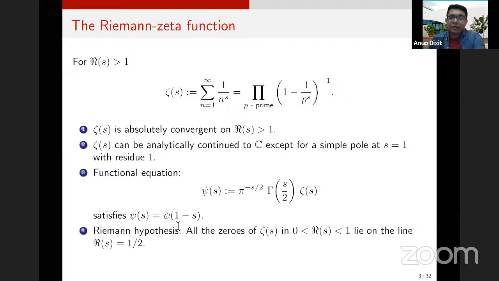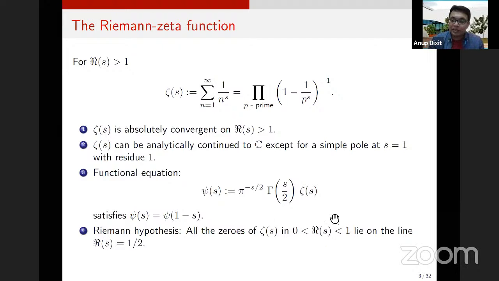The famous Riemann hypothesis claims that all the zeros in this critical strip lie on the half line. One thing to note is that because of the Euler product, there are no zeros to the right of real part of s greater than 1. And by the functional equation, there are only very few trivial zeros, and you can figure out where they are for real part of s less than 0.